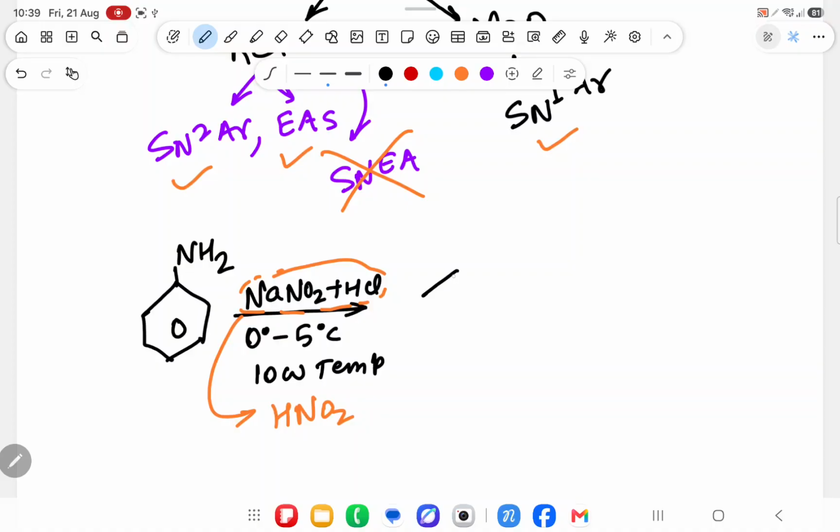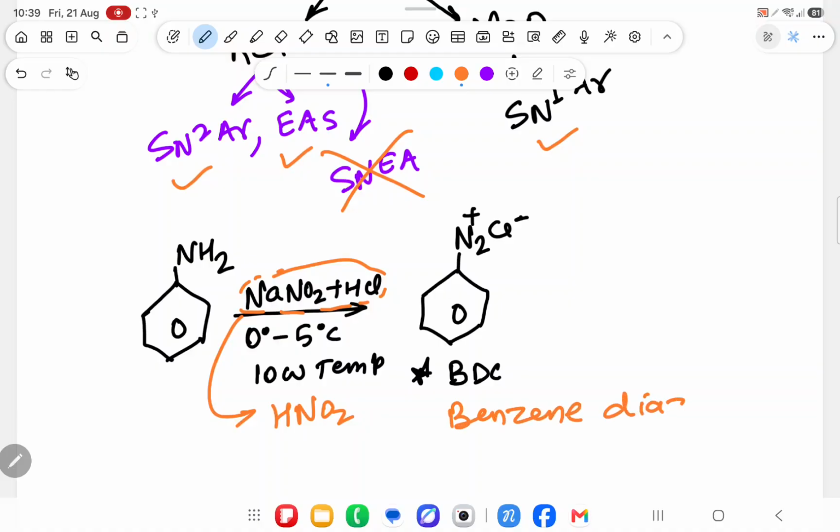This will convert it into benzene diazonium salt, N2+ Cl-. This is known as BDC, benzene diazonium salt. Then benzene diazonium salt will do like this.